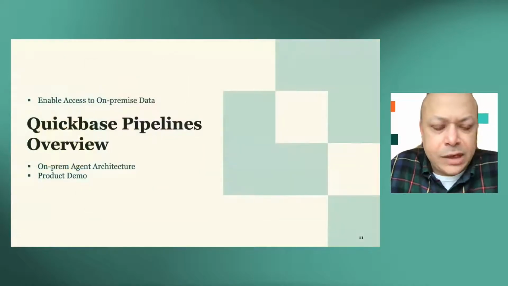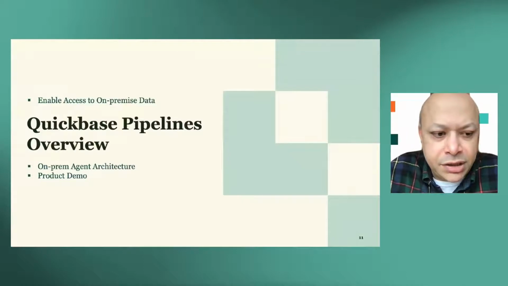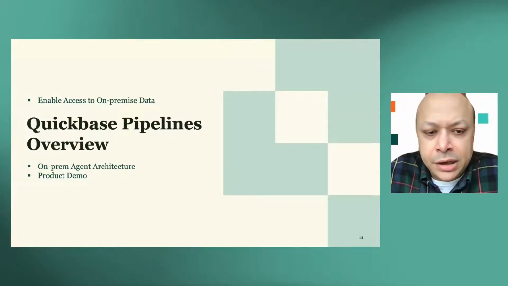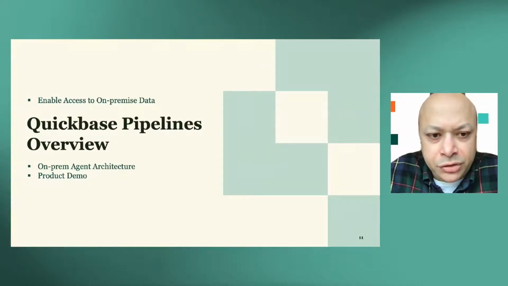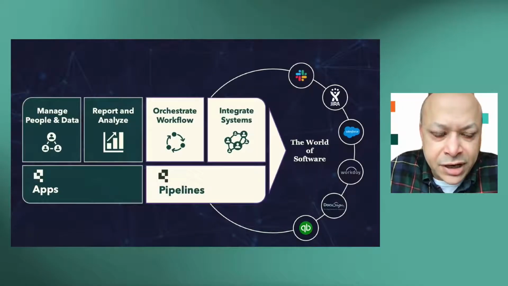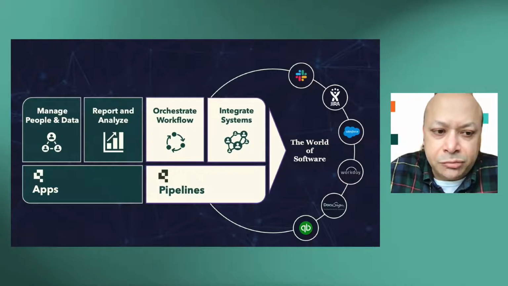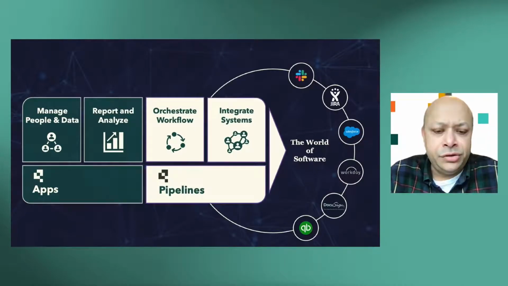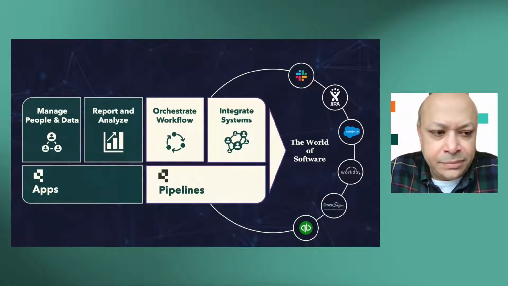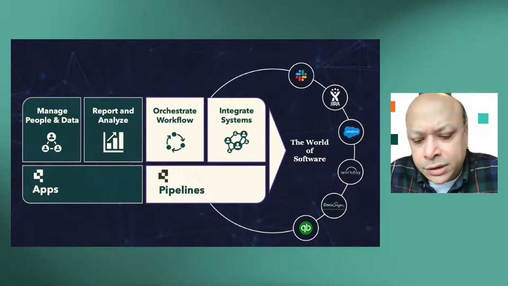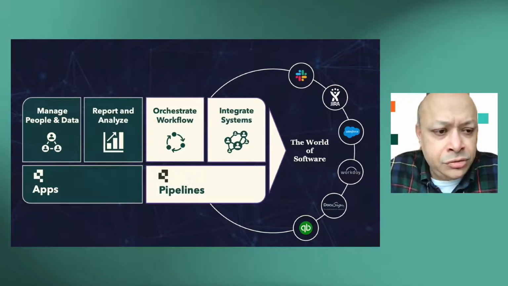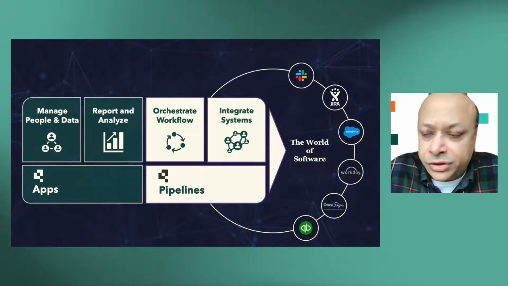So before we go into the architecture of the on-prem agent, I wanted to give you a bit of an idea of what pipelines are, for those of you who haven't had a chance to look at it, and how it works. As you know, when you create a Quickbase app, you get the opportunity to manage your users and your data.